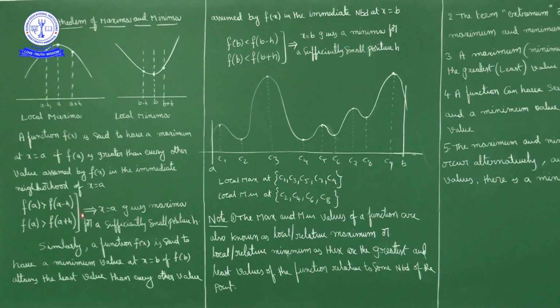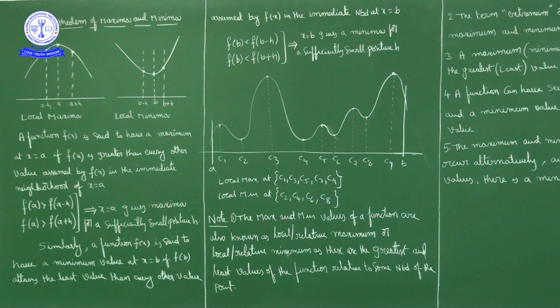At b minus h and b plus h, f of b is the least value compared to f of b minus h and f of b plus h. So in the immediate neighborhood of b, f of b is the least value, so x equal to b gives a minimum.